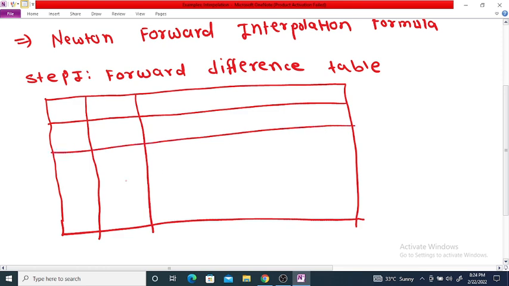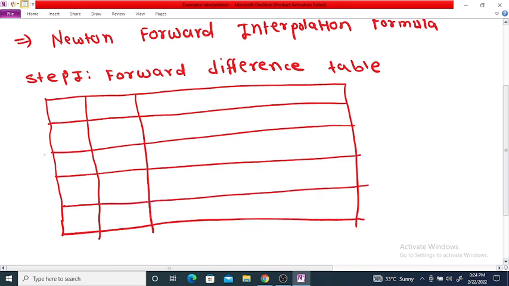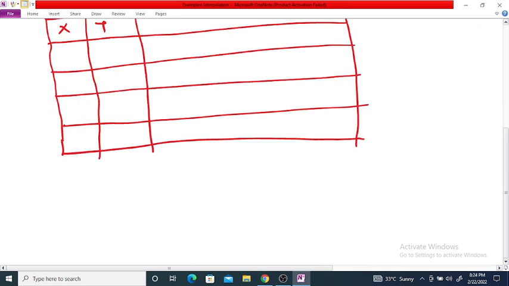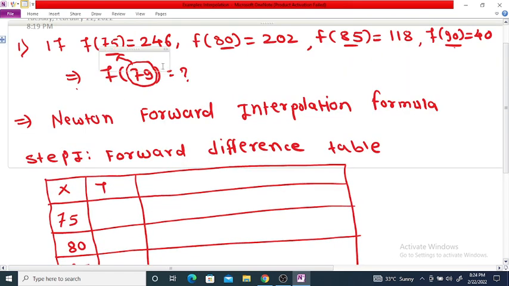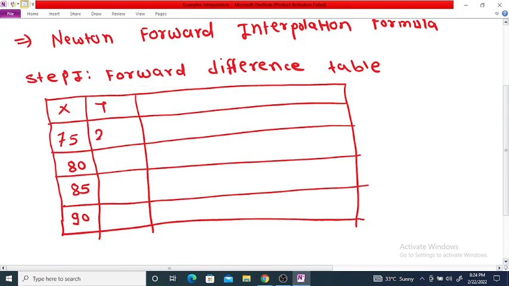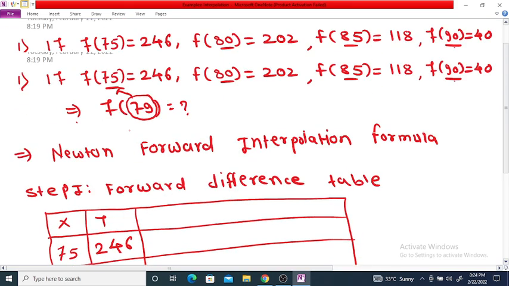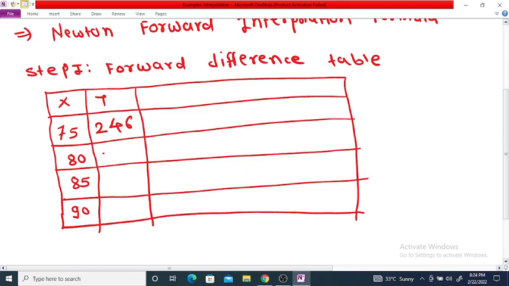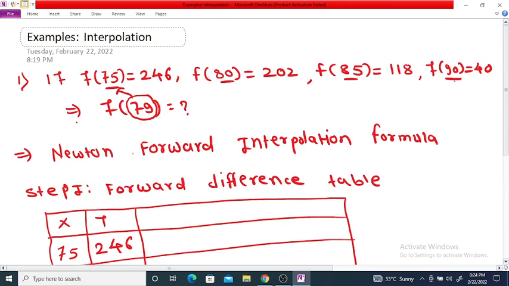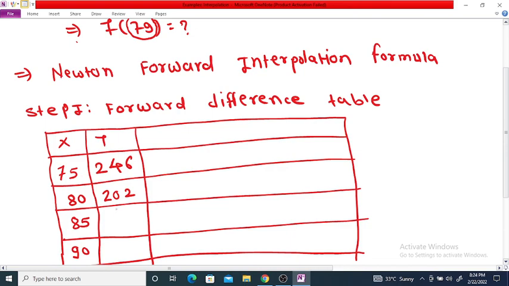Since 4 values are given, 1, 2, 3 and 4, x and y. Say x is equal to 75, 80, 85, 90. The values of y equal to 246, then 202, 118 and 40.